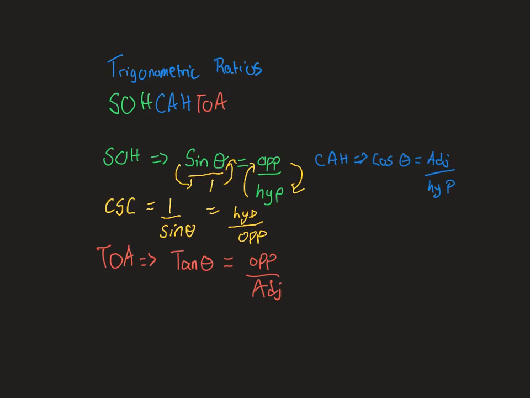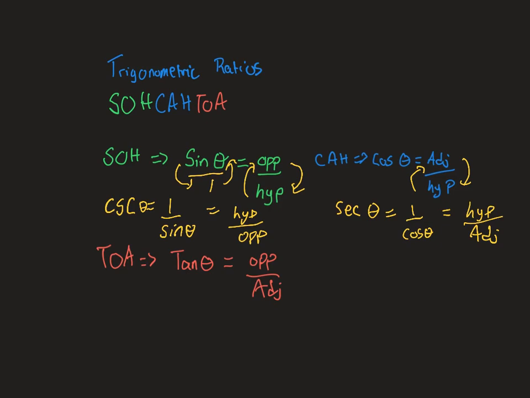Now, let's try that out also with our cosine. So our cosine should be called secant. So secant of theta is equal to, you guessed it, 1 over cosine of theta, which in turn is equal to these ones flipped: hypotenuse over adjacent.